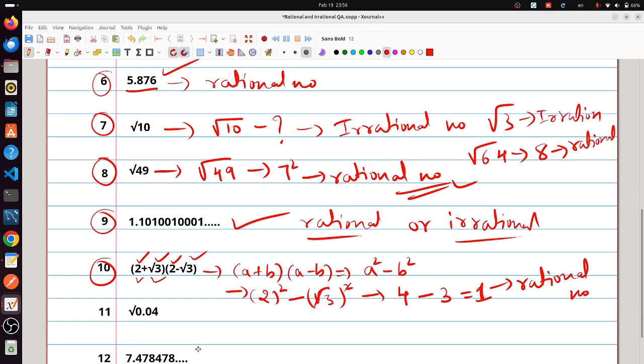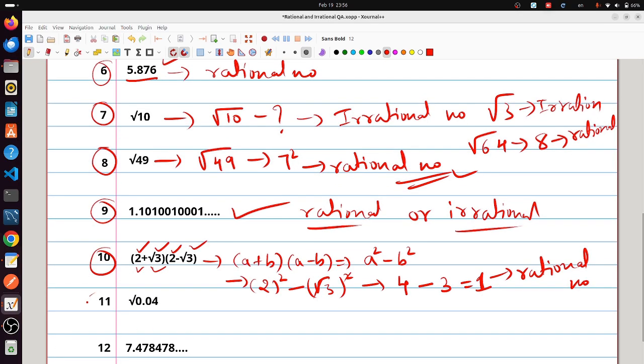Let us look into the 11th problem. Square root of 0.04. So under root of 0.04, this can be written as 4 divided by 100.